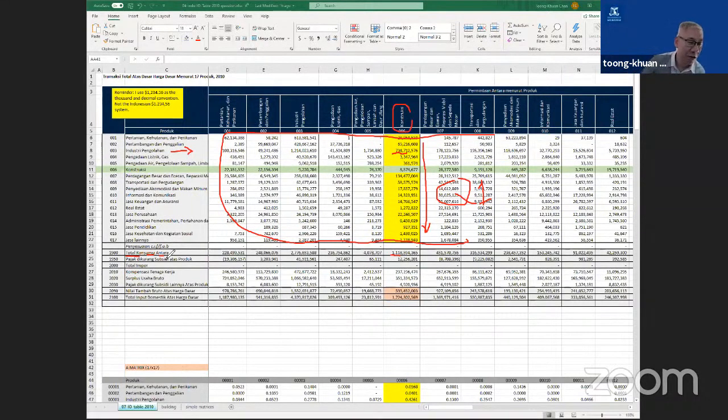Quadrant 3 are the primary inputs. So this is what we call Q3. Q3 are primary inputs, and that would be compensation for workers, profits for companies, and taxes collected by the government. All right, so that's Quadrant 3.